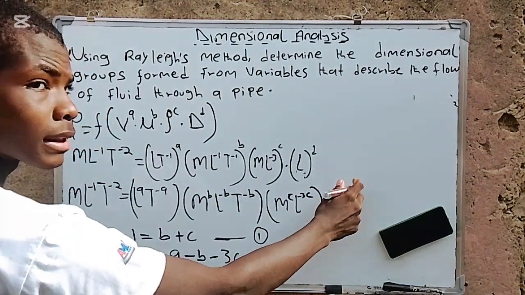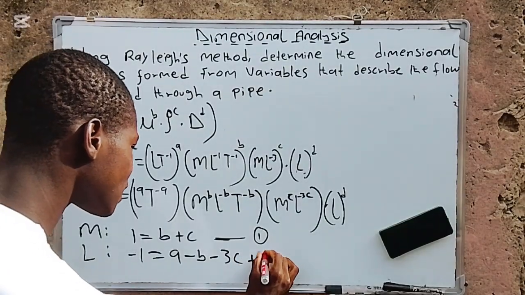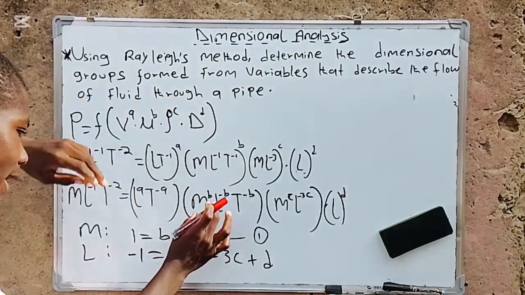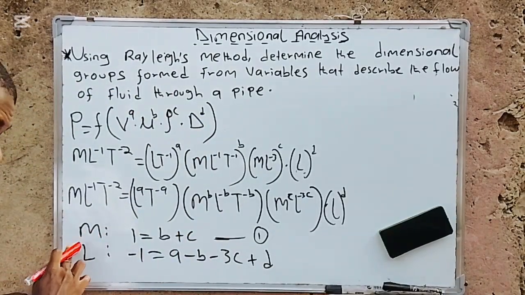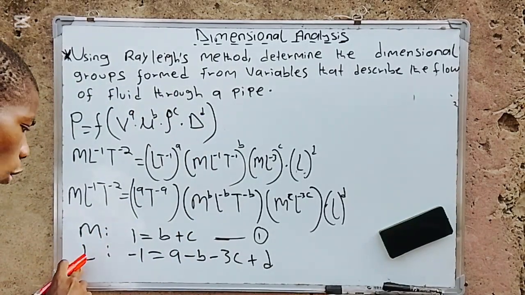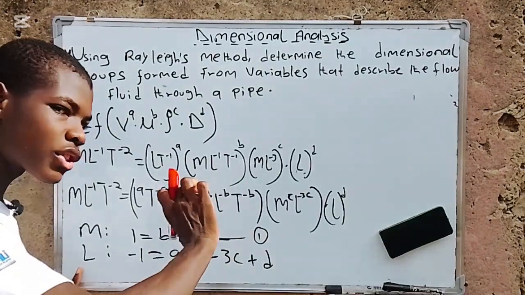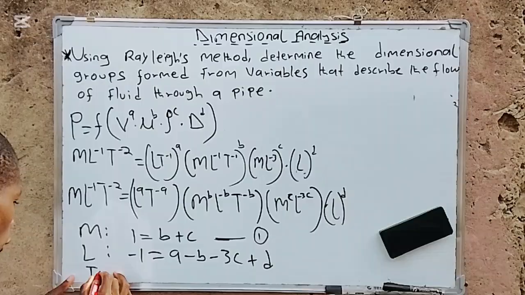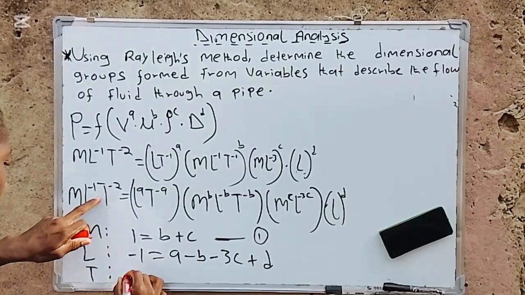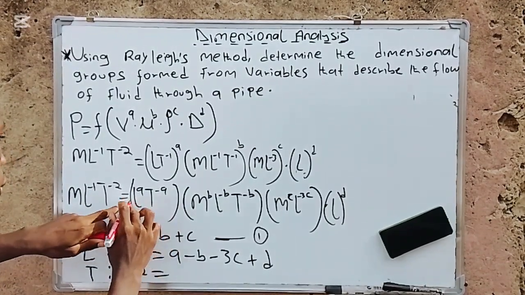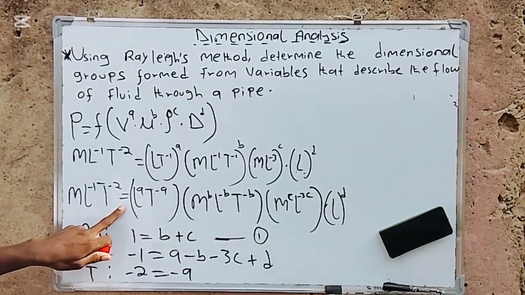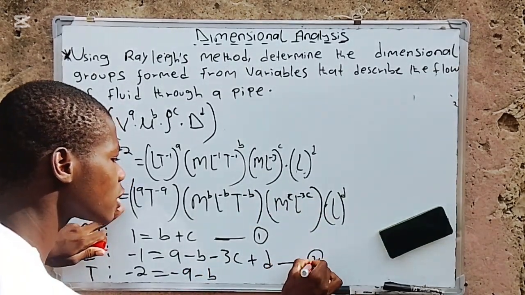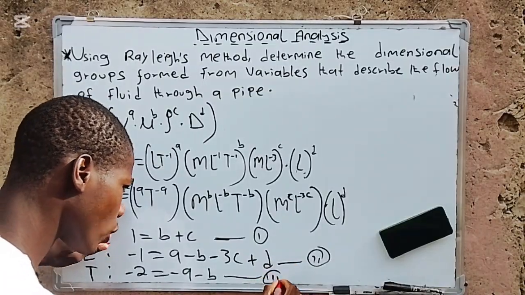I have L, its power is plus D. We are looking for the L, so I will just carry the coefficient of its power in each term. So if we go for the T, I have minus 2, it will be equal to, I have T here, which is minus A. I have T here, which is minus B. No T, no T. Let's call this equation 2, and let's call this equation 3.